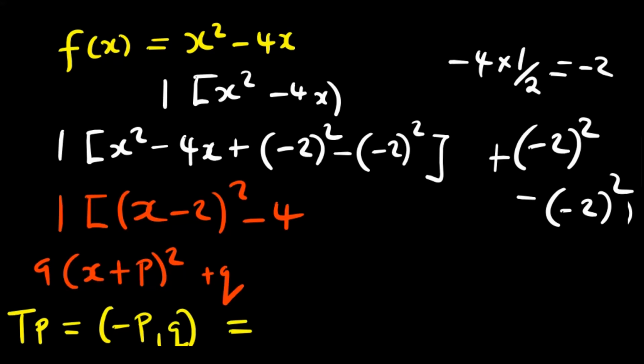So in this case, this is negative 2, and we are saying negative p, so the negative and the negative are going to give you a positive, so we have a positive 2 comma q. You are just going to get it the way it is, which is negative 4. So that is where the graph is going to turn from. That is our turning point.